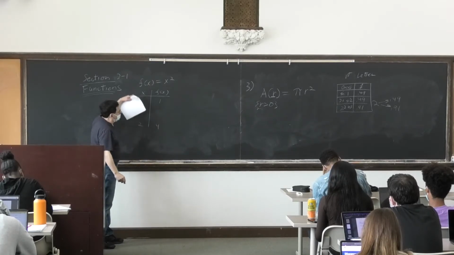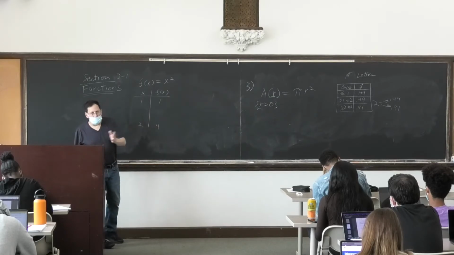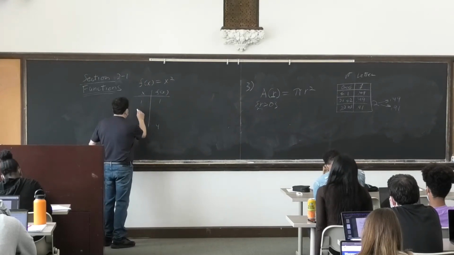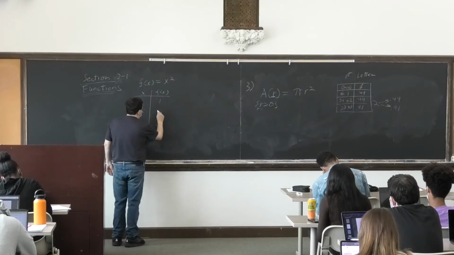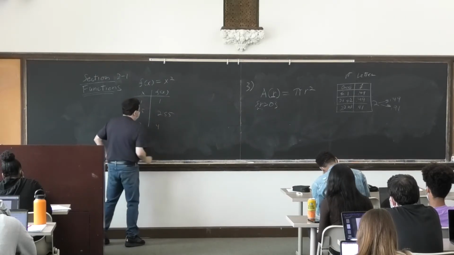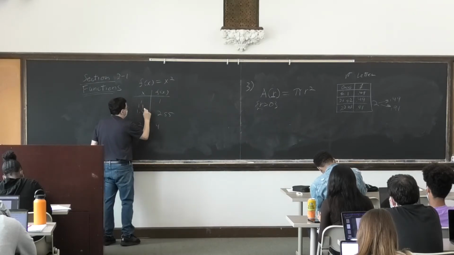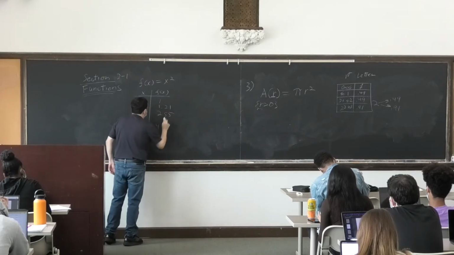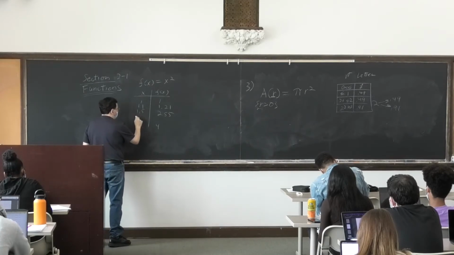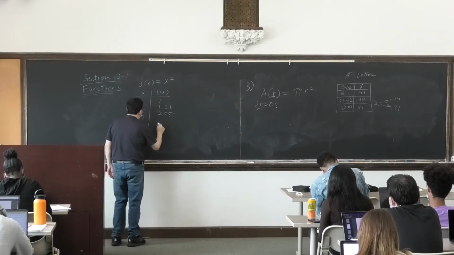Well, the domain here is all real numbers, so 1.5, 2.55, say 1.1, 1.21, 1.7.